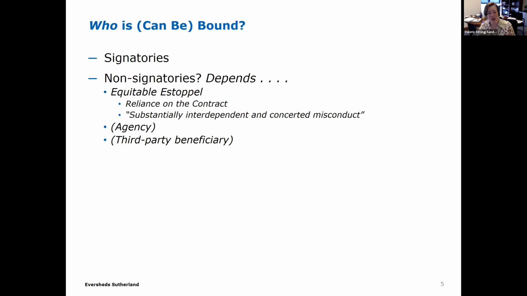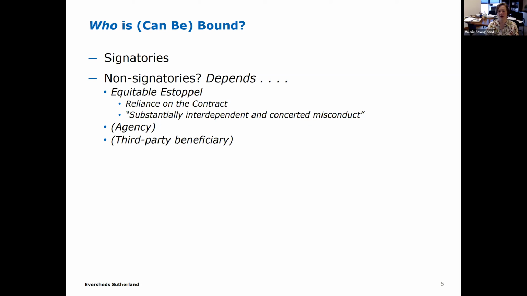The cases in this area also talk about substantially interdependent and concerted misconduct among signatories and non-signatories. And we're now fully into the territory where it's becoming hard for me to see the difference between these things. But they do get called two different things. So issue spotting wise, you should be aware of it.